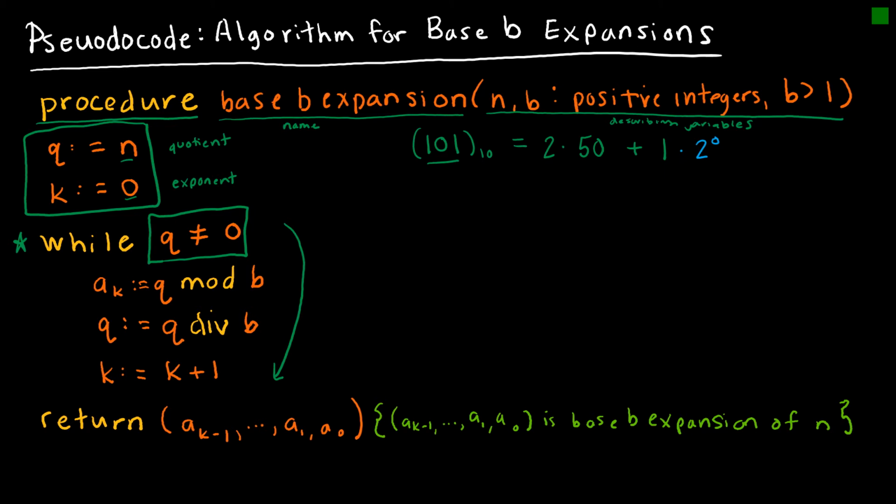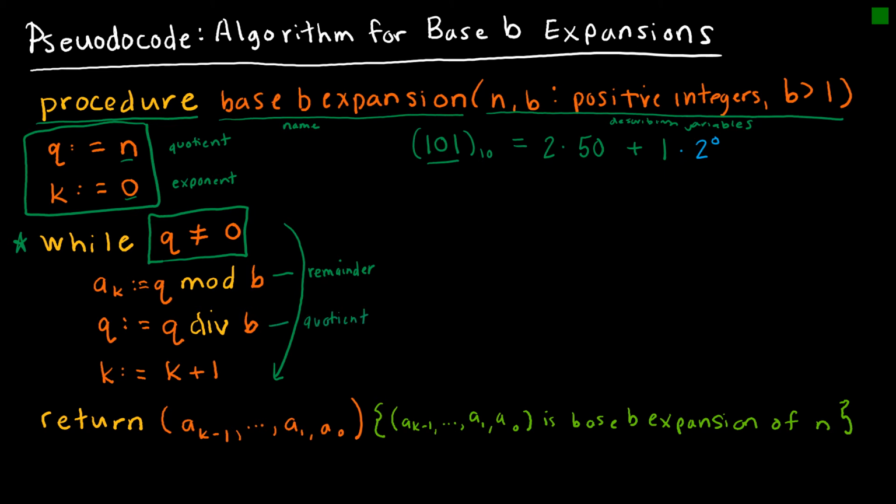So what does our procedure or algorithm tell us to do? It says that a sub k is going to be q mod b. Remember, that's just the remainder, and we defined that previously. So a sub k equals q mod b gives me the remainder. Q is going to be q divided by b. That's the quotient.